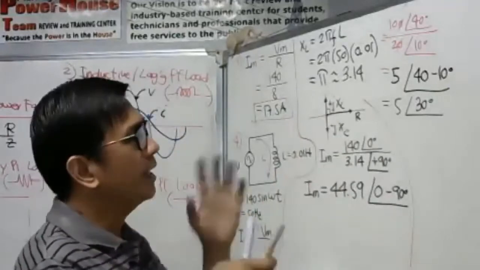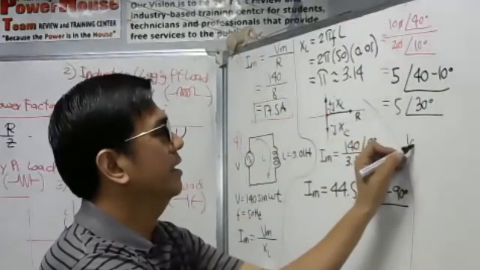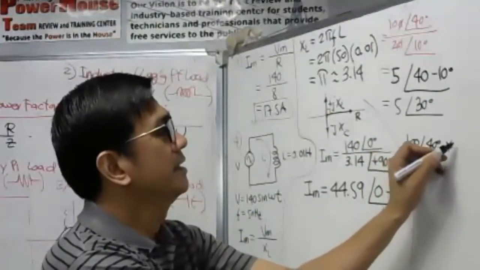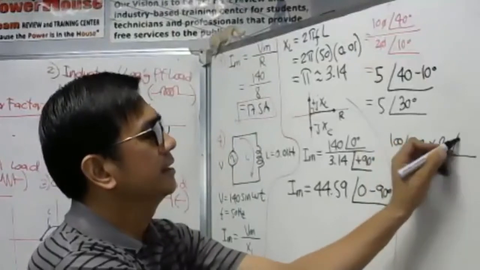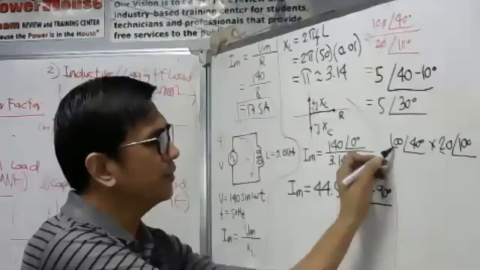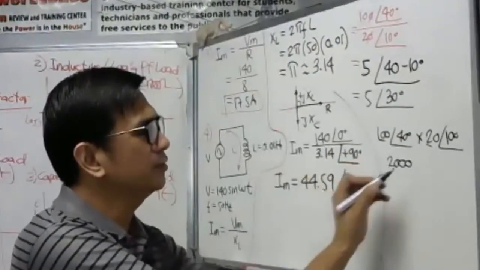Then, if you are to multiply, let's say I will multiply these two. We have 100 angle 40 degrees and 20 angle 10 degrees. Multiply this first: 20 times 100, that will become 2,000.